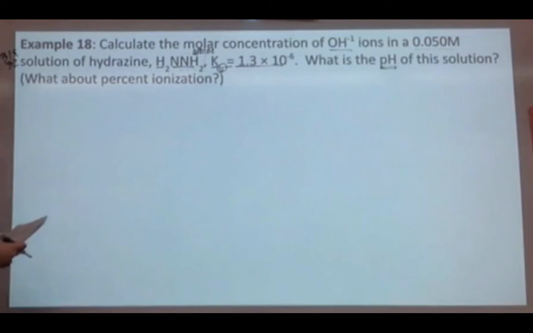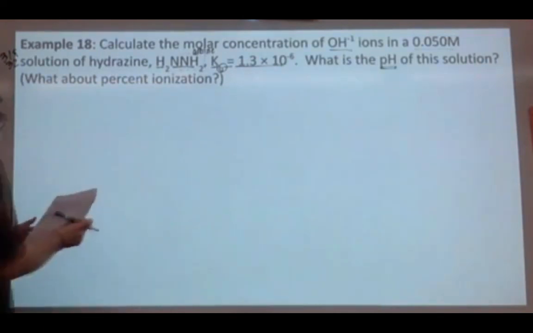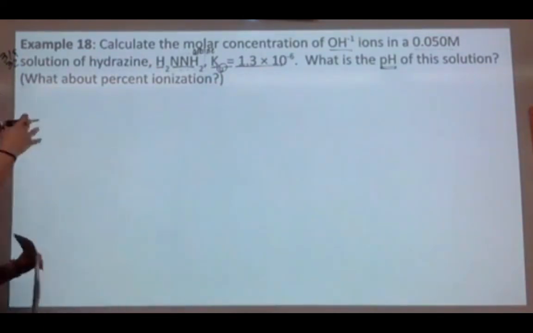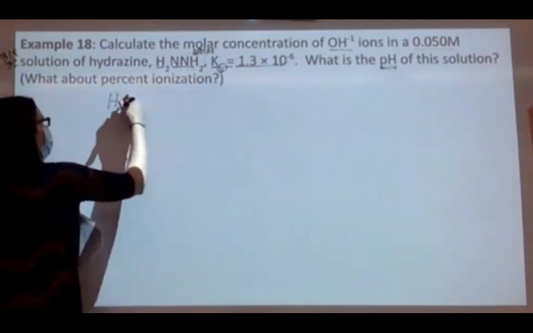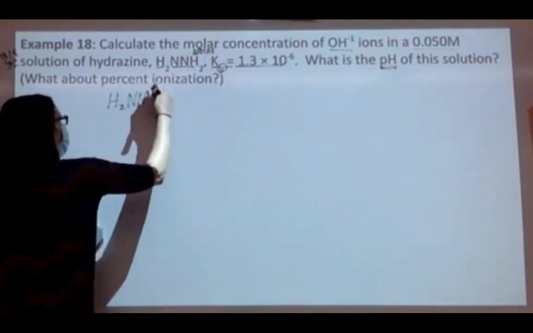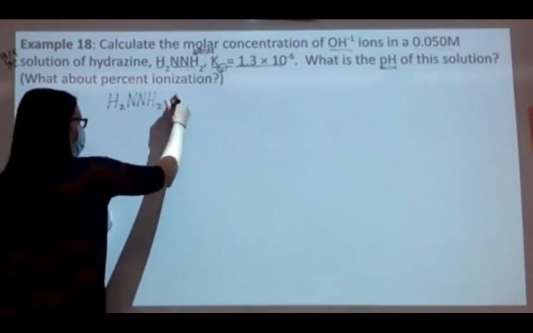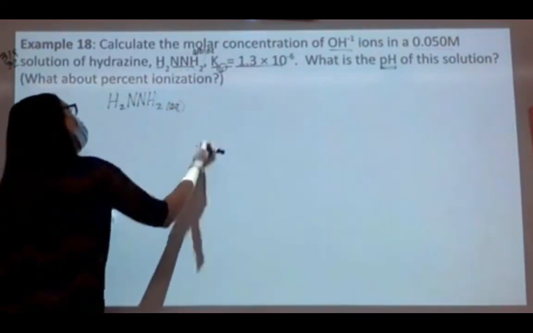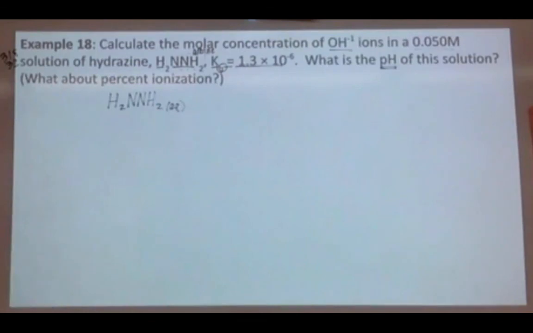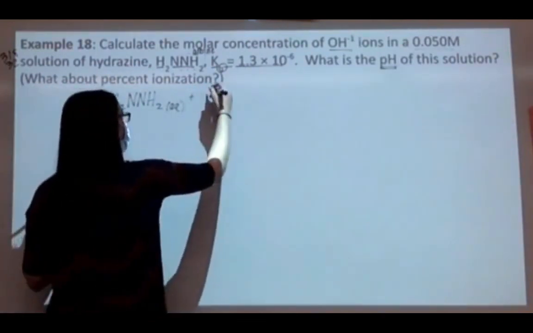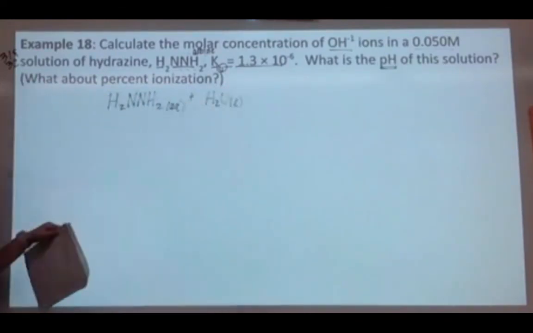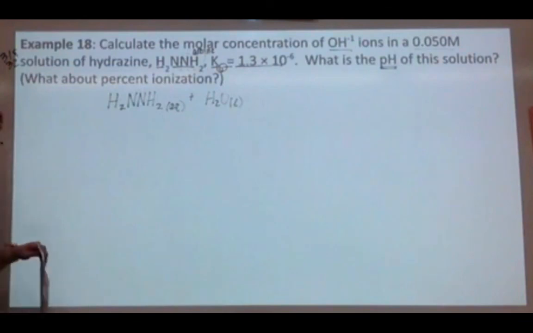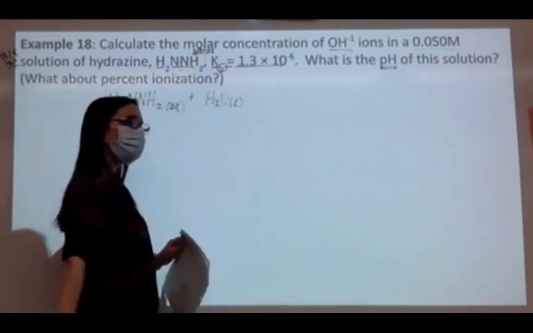So the first thing that we need to do is write the equilibrium equation like we do with acids. Now with bases, we need to make sure to include water, because bases need to accept a proton. So I think it was your question yesterday on whether you need to include water or not.